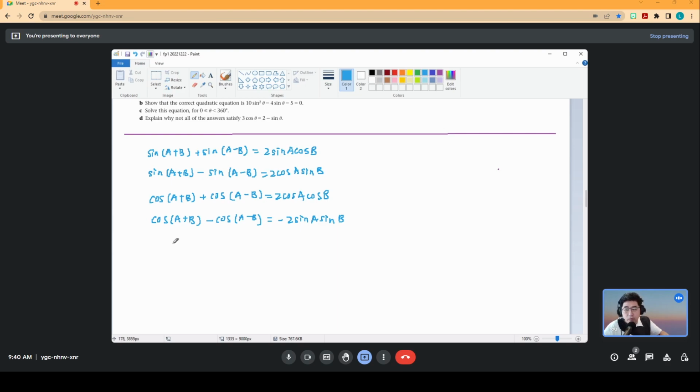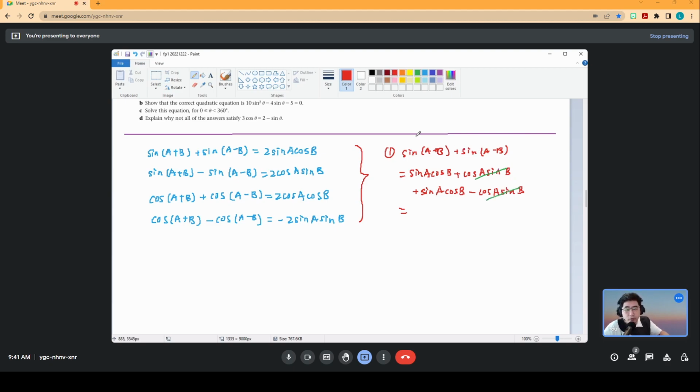Then from here, the proof is actually not very special. All we need to do is just use the addition rule and put them together. For example, for the first one, sine A plus B plus sine A minus B. We open out the bracket, so I have sine A cos B plus cos A sine B plus sine A cos B minus cos A sine B. You will see that cos A sine B and cos A sine B are cancelled.